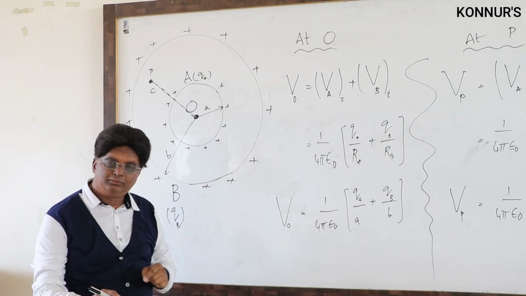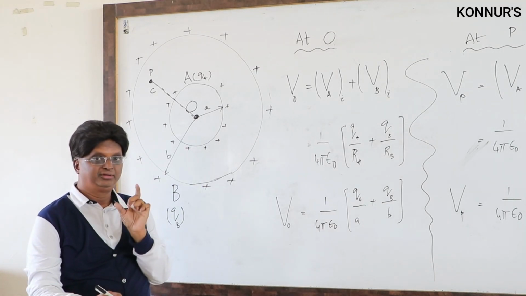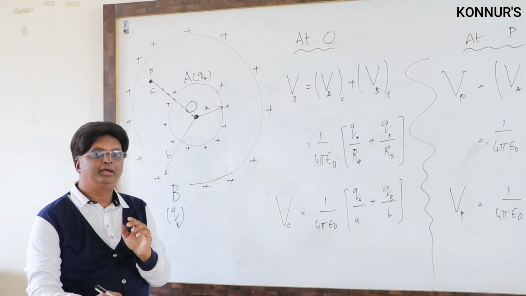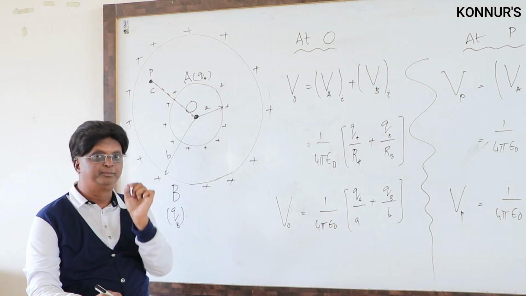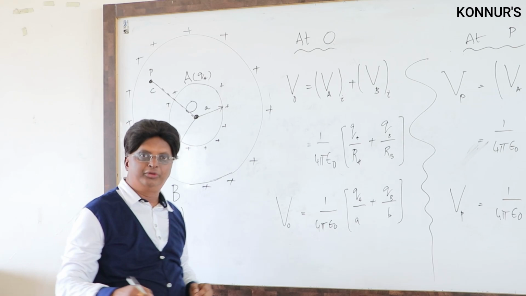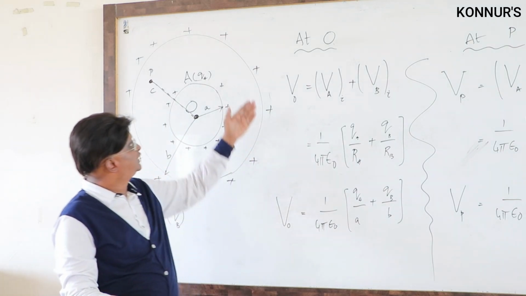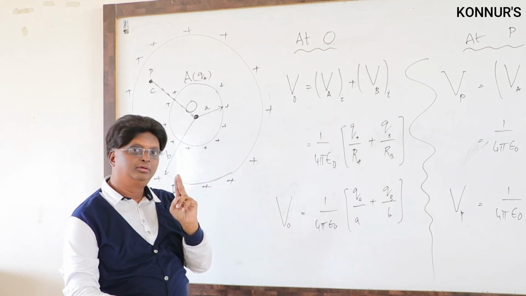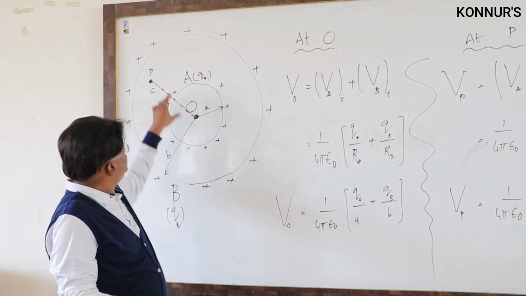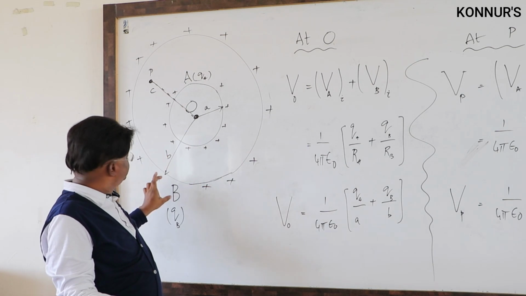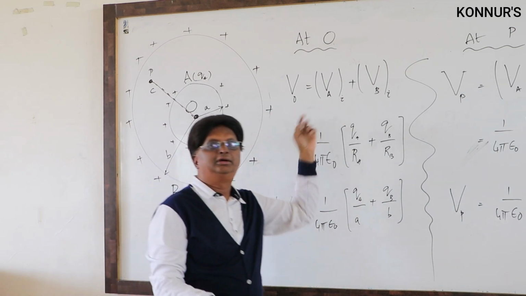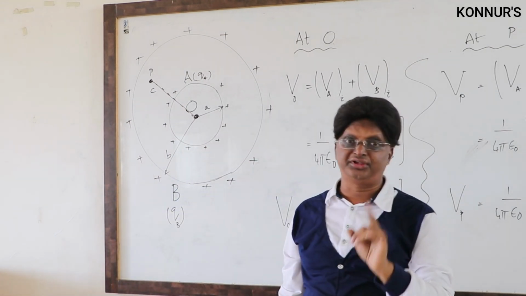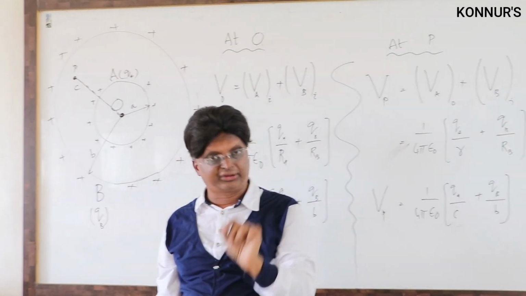Now one more time, we are using charged shells, and try to recapitulate the simple expressions that we have given you yesterday. Now look at this point O. V at O will be due to potential due to A and also potential due to B. Remember, potential is a scalar and it is always scalar addition.